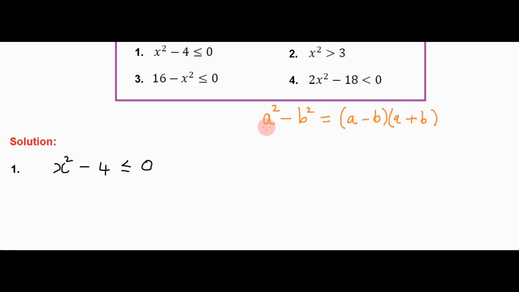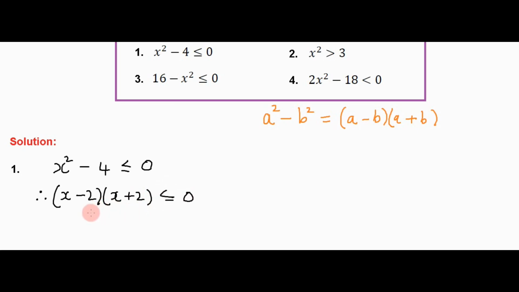In other words, it's the square root of the first term minus the square root of the second term in the first set of brackets, and then the square root of the first term plus the square root of the second term in the second set of brackets. So we can apply this factorization to the left-hand side here, and we'll get x minus 2 times x plus 2, and this is less than or equal to 0.